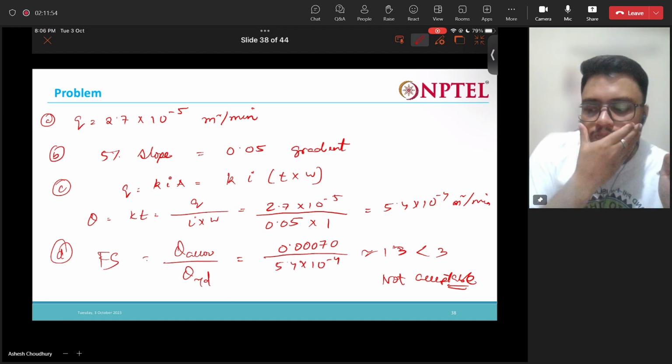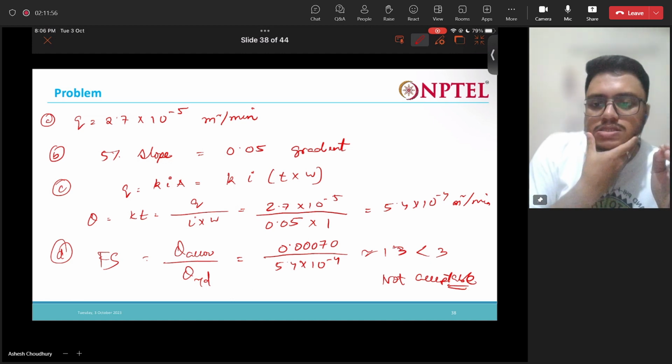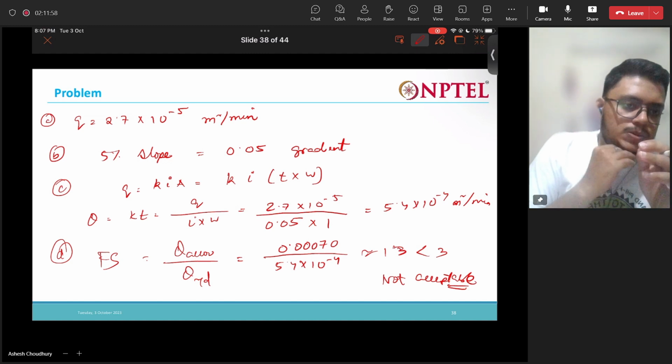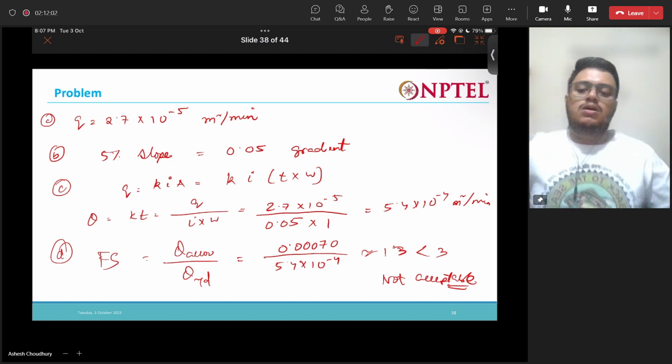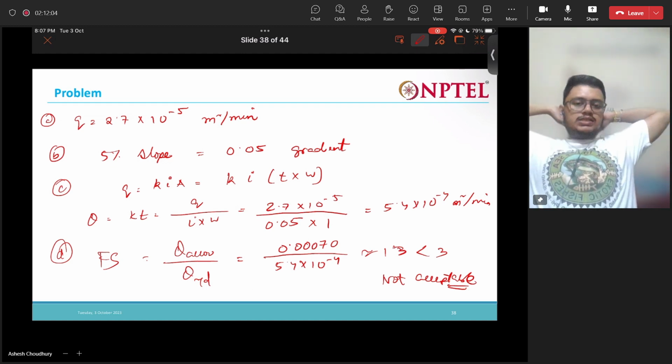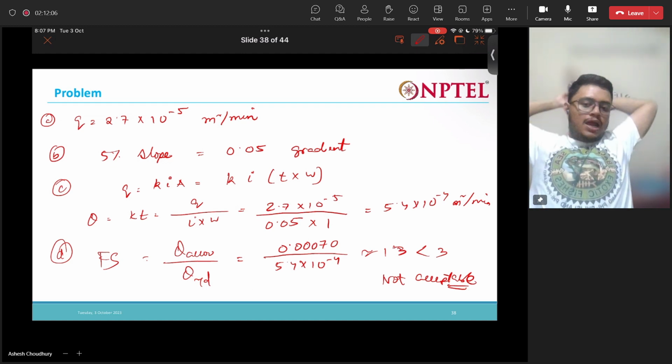All right, so if this theta allowable increases, then it will solve our problems. The thickness will increase, the theta allowable will increase, so factor of safety will increase. So at least one layer of this geotextile won't be sufficient.